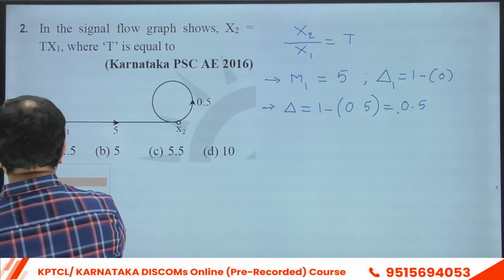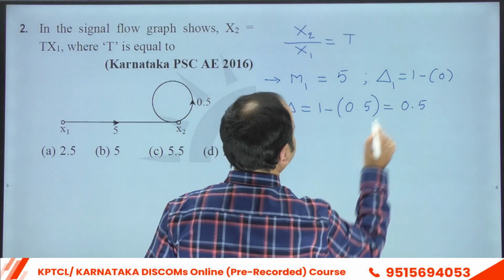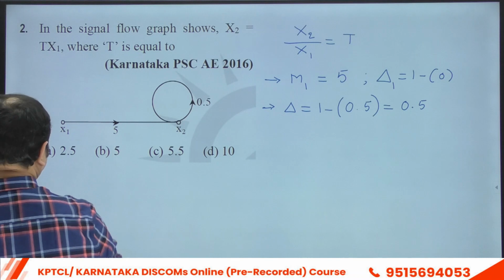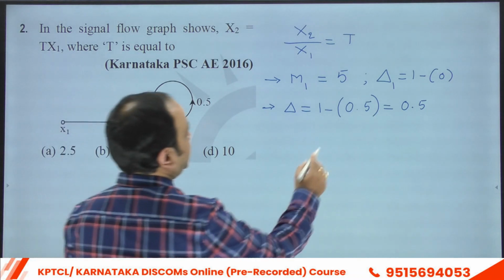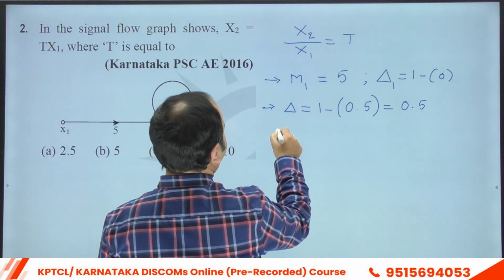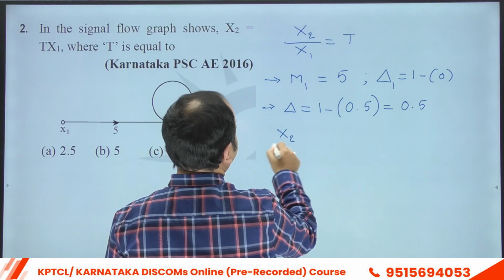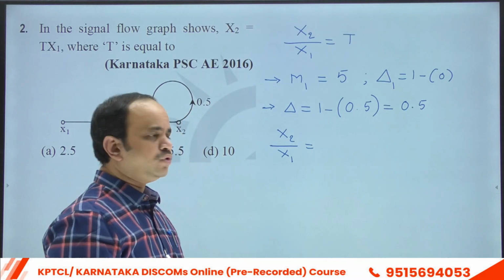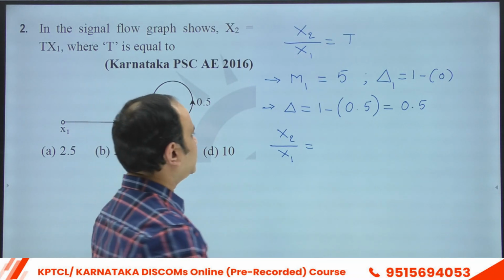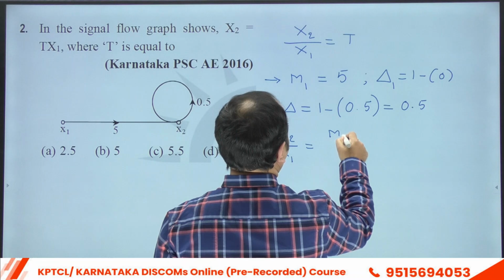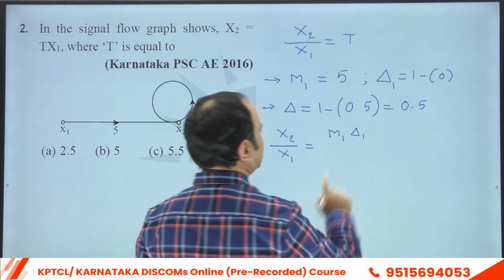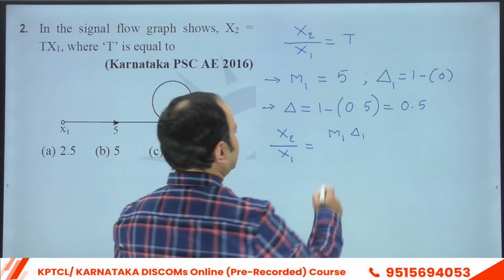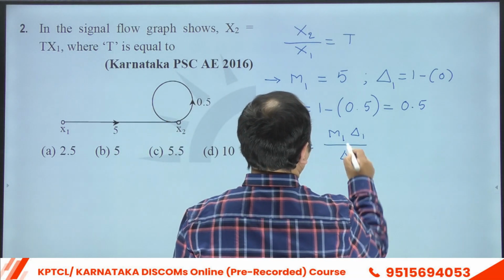So here I can take delta value. Now what is the gain formula? x2 divided by x1, output node divided by input node will give you m1 delta 1, and there are no other forward paths, therefore m2 delta 2 not required, divided by delta.